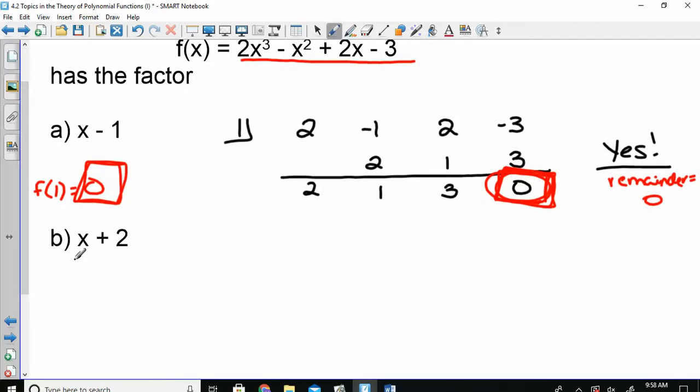Okay, so if I wanted to check this one, if it was a factor, what could I do? Plug in what? Negative 2. You have to say, find the 0. Plug in the 0. What makes x plus 2 equal 0? That'd be negative 2. So if you plugged a negative 2 in, so 2 parentheses, negative 2 to the third, what do we get?